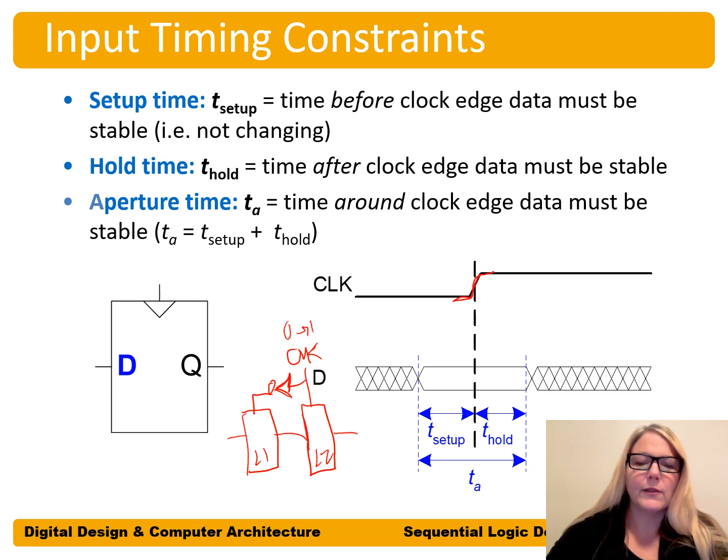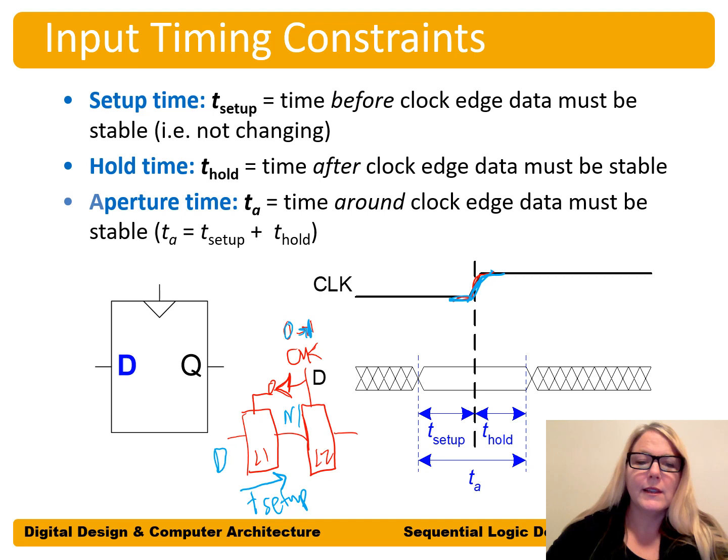Clock going from 0 to 1 is going to occur here. When that happens, we need to make sure that this internal node N1 has a stable value, right? That it's not changing. So that setup time really is the time it takes for D to get into that internal node and have a stable value.